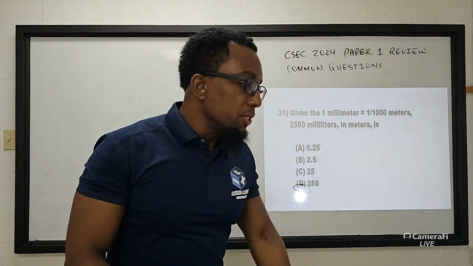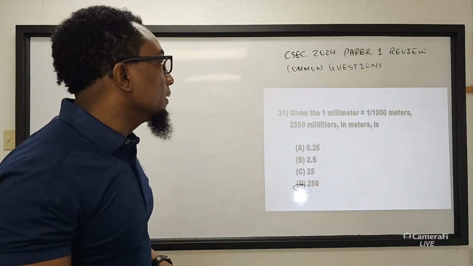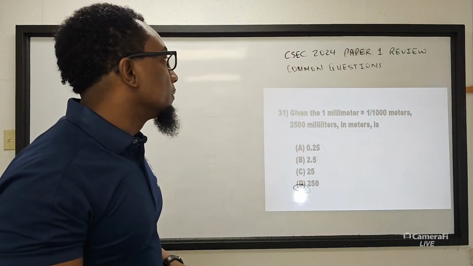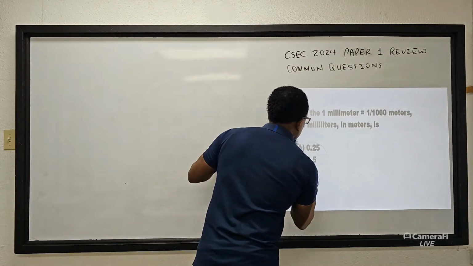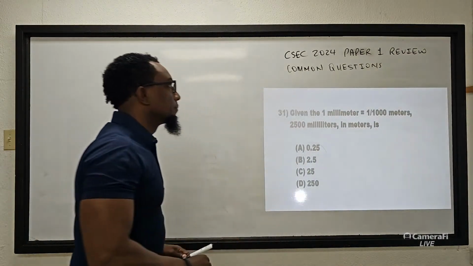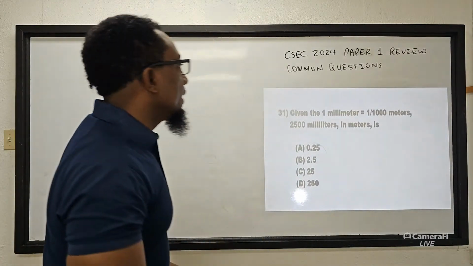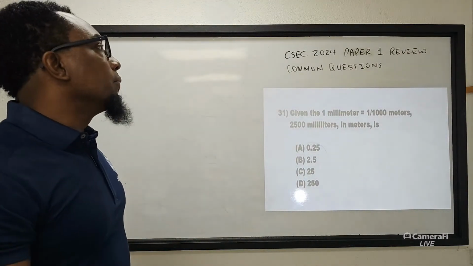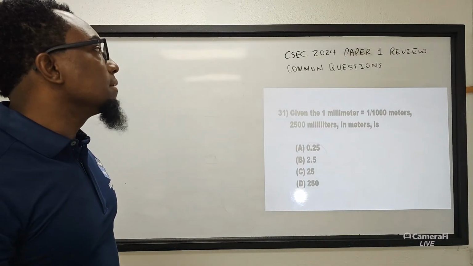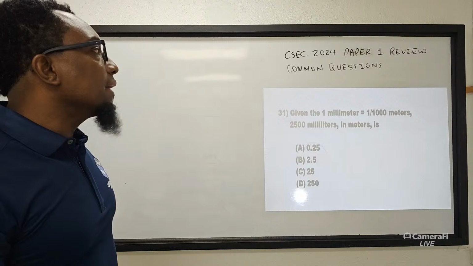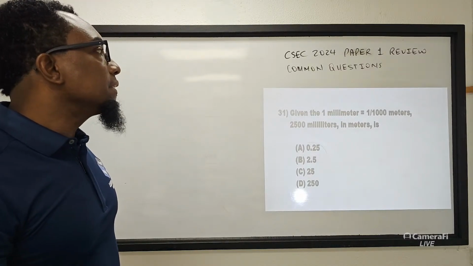Given 1 millimeter is equal to 1 over 1,000 meters, what is 2,500 milliliters in meters?